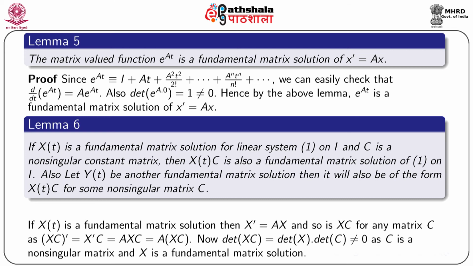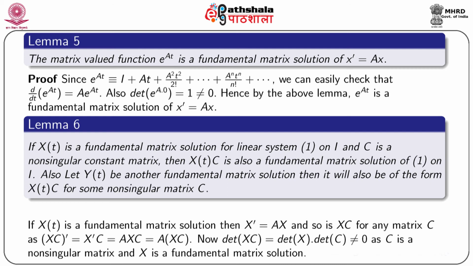Also, determinant of e to the power A 0 is equal to 1, which is not equal to 0, and hence by the previous lemma e to the power A t is a fundamental matrix solution of x dash equal to A x.